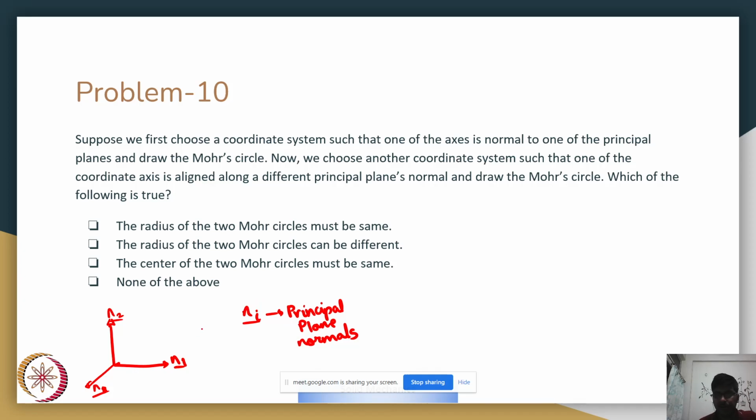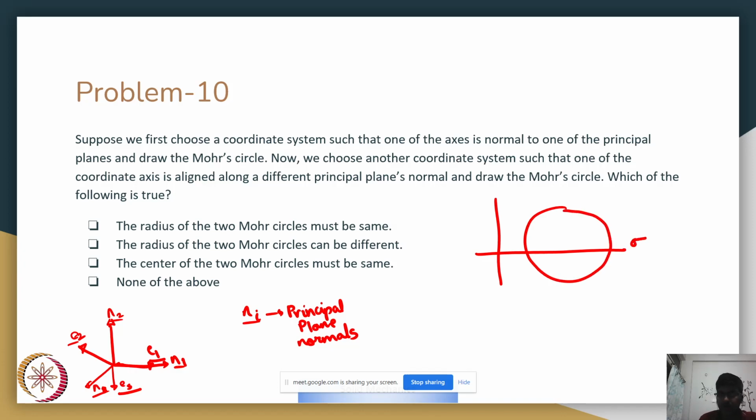Initially, one of the axes, say E1, is aligned along a principal plane normal, and the other two may not be, so you have say E2 and E3. This is what we chose, and we are drawing a Mohr circle for this problem.